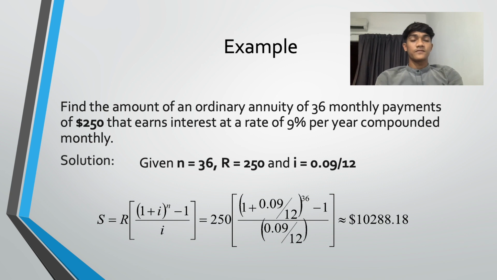Let's take a look at the first example. Find the amount of an ordinary annuity of 36 monthly payments of $250 that earns interest at the rate of 9% per year compounded monthly. Solution, given: N is 36, R is 250 and I is 0.09 divided by 12.